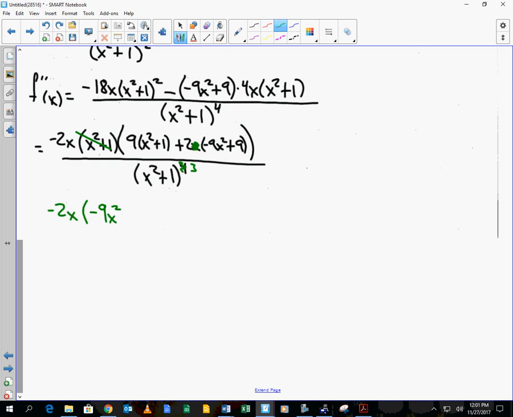Negative 9x squared. Then I have a positive 9 and a positive 18, which is going to make... I took a negative 2x out of the negative 4x, which should just be 2, not 2x. All divided by x squared plus 1, quantity cubed.